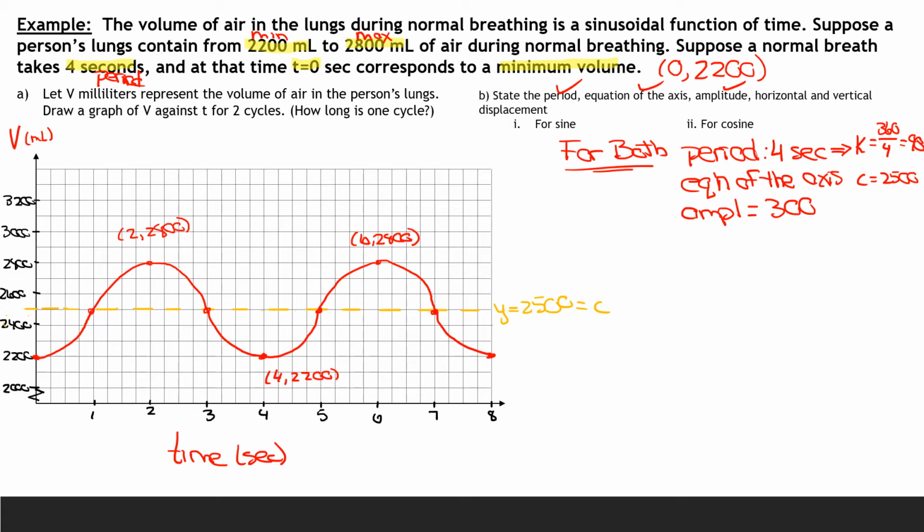That's the same for both. So we've got the period, equation of the axis, amplitude. The vertical displacement is the same thing as the C value. Sorry, that's a vertical displacement, not horizontal. Vertical.